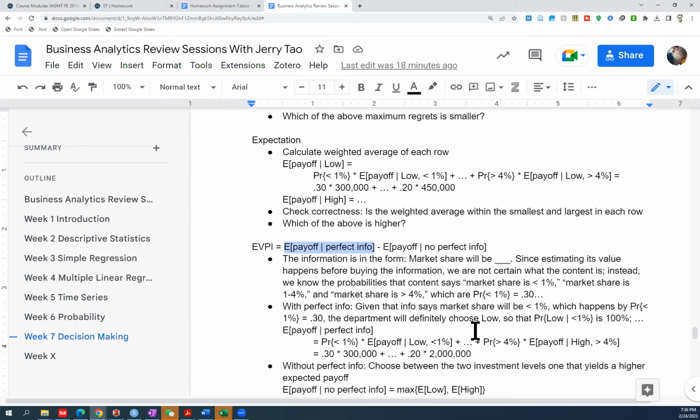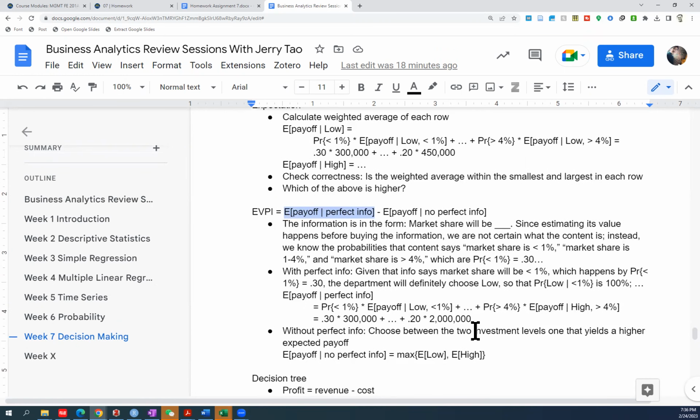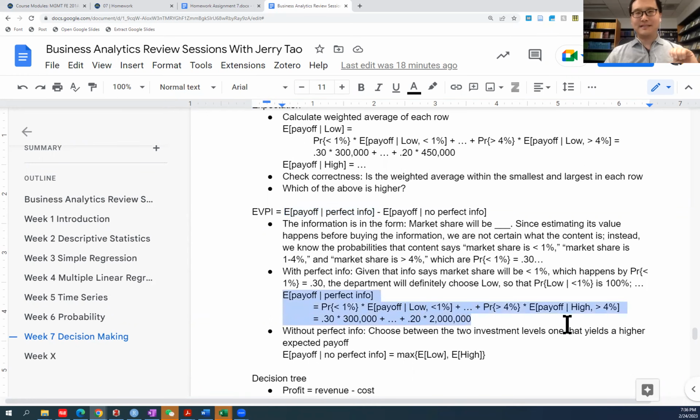You will have to take the probability, and use the payoff at that probability for each of the values and then sum it up. Okay, excellent. That's exactly what's written here.